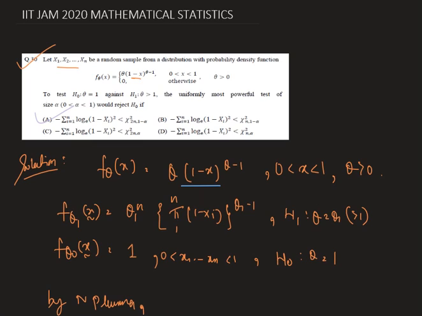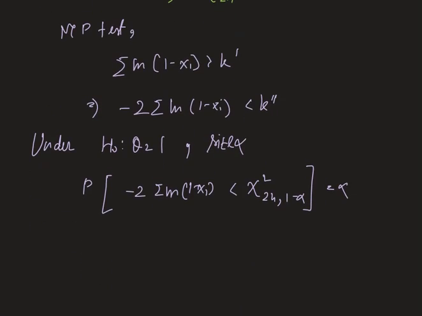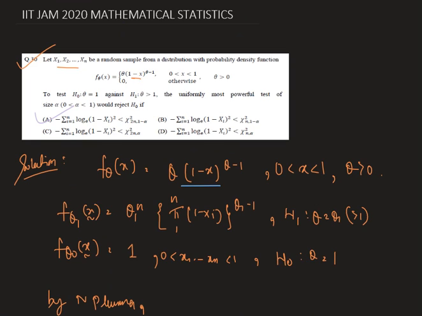Minus sum over log base e, that means ln (1 minus xi) whole square, here we have (1 minus x) whole square. That means basically minus 2 sum over ln (1 minus xi).